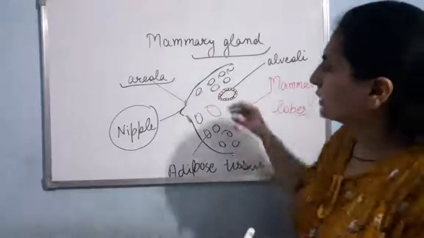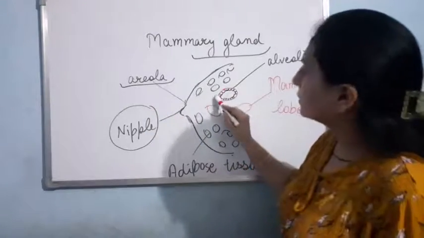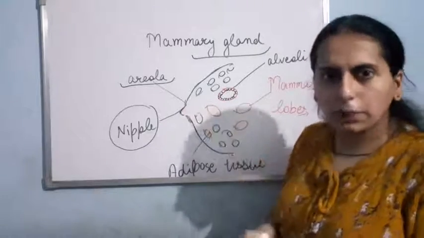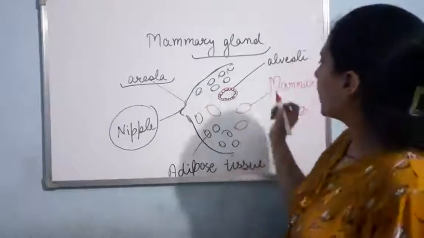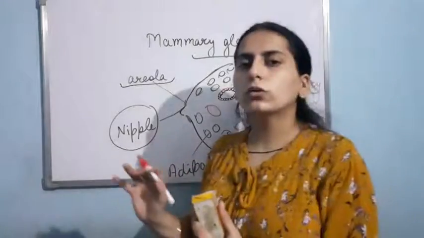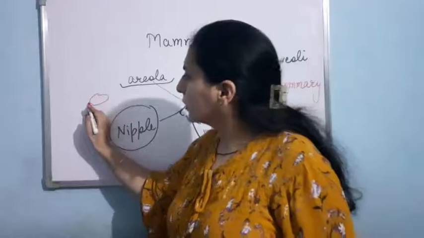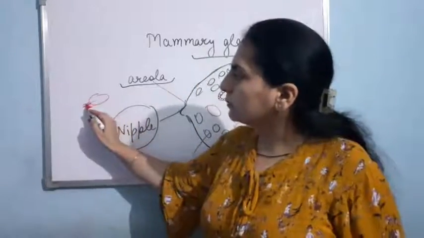Now, when the milk has to be sucked by the infant, obviously the milk which is stored here must reach the nipple. It reaches there with the help of a duct. As you know, 15 to 20 mammary lobes are there. From each individual lobe, a duct will arise. That duct will carry the milk.